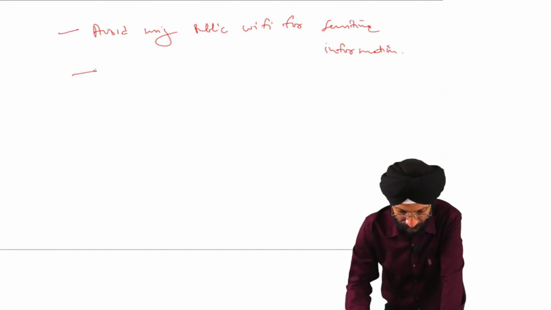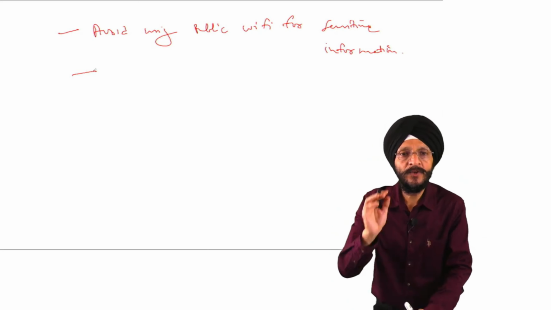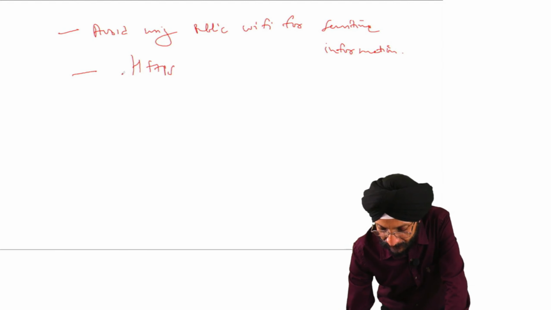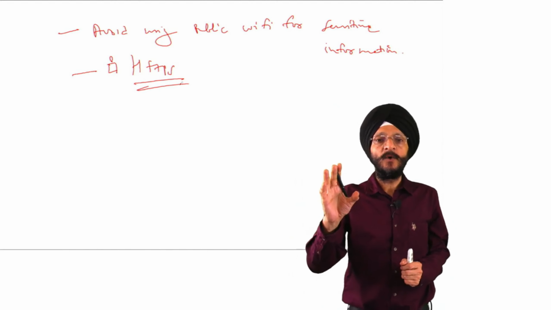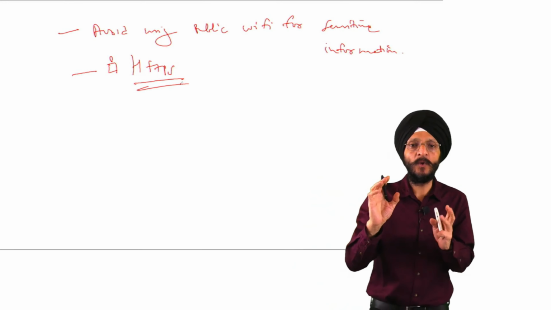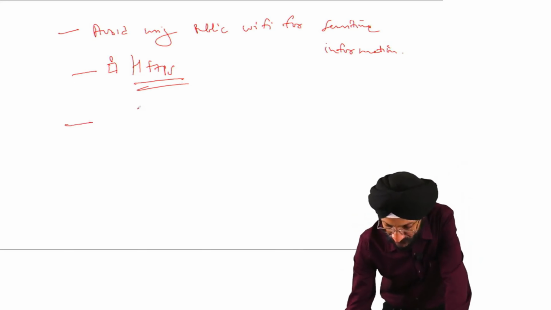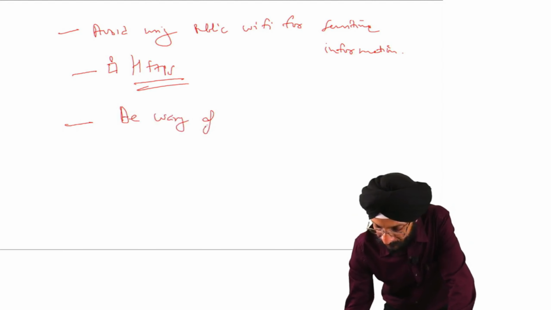If we are visiting any website, we should see that it is having HTTPS and a padlock sign. We should not visit any website, or our website should not start with HTTP, because HTTP sites are not safe. We should be wary of phishing emails.